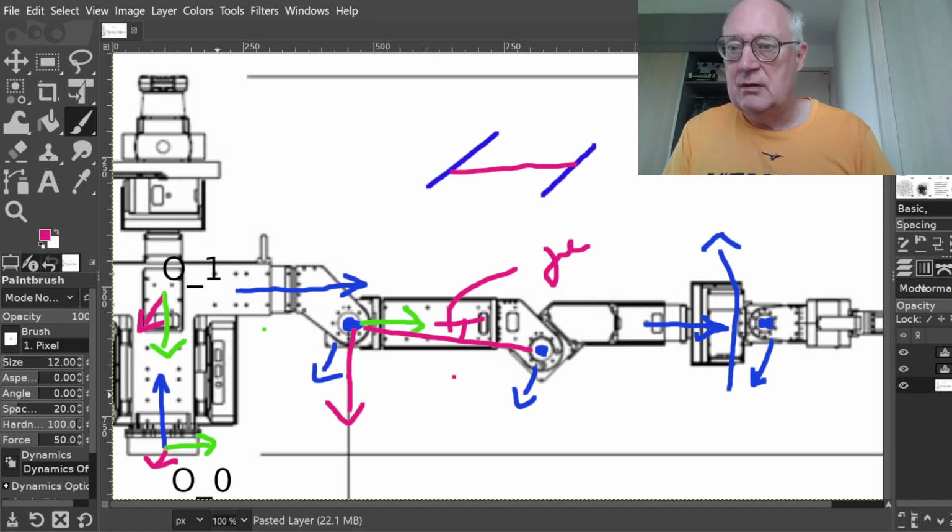So now I have A3, theta 3, D3 is equal to 0, and alpha 3 is equal to 0. So now I have all the Denavit-Hartenberg parameters, so I can put them in.